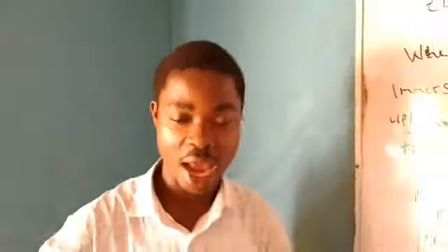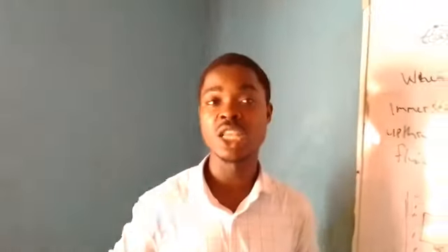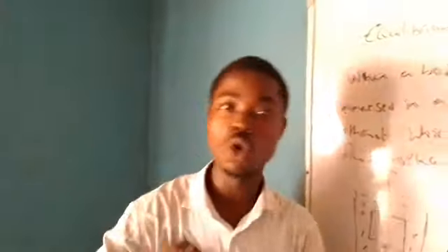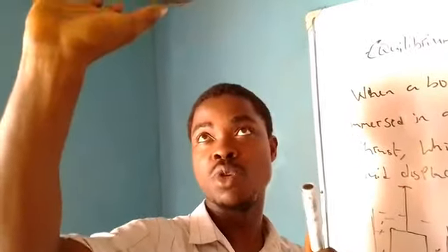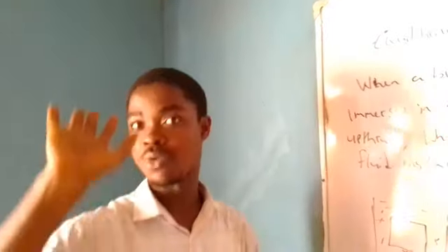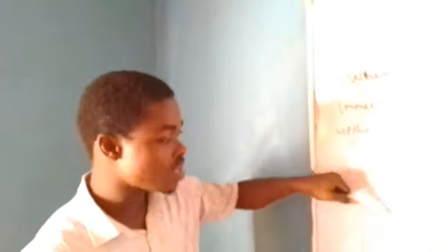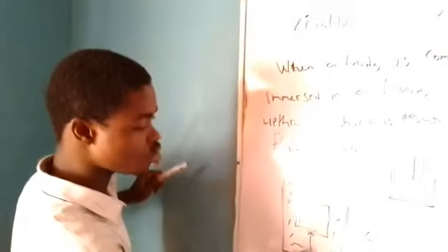If I have a particular box and I attach it with a rope and I'm dropping it down, if there's someone holding the base of the box, it becomes light, because you will not feel more of the weight again. It's the same thing. While the object is inside the water, there's an upward force exerted by the water on the object, and this upward force is called upthrust, so that you won't feel much of the weight while it's in water.